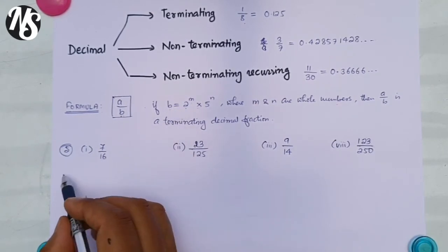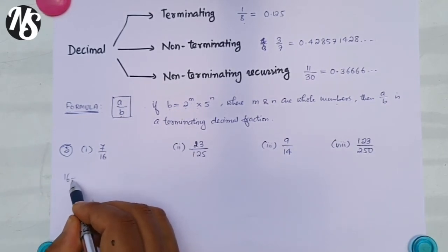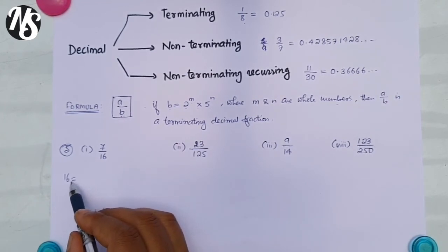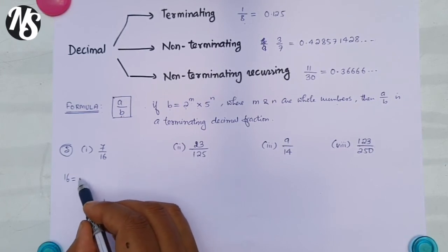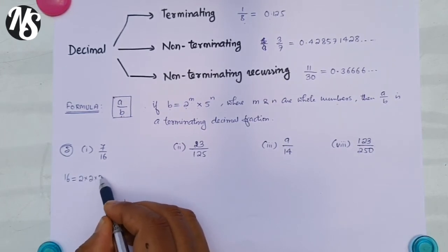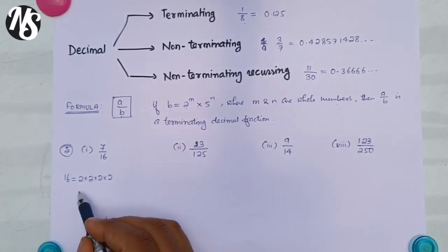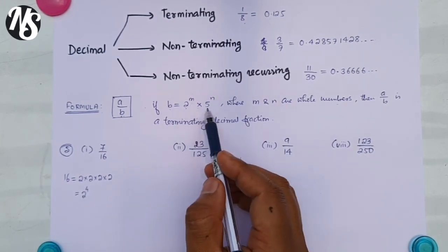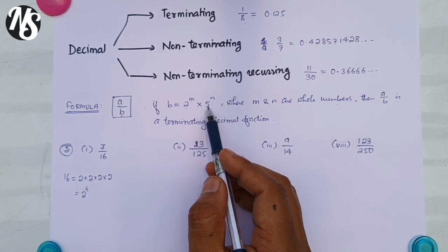So 16. First, what you need to do is factorize 16. When you factorize 16, you get 2 into 2 into 2 into 2, right? Can I write this as 2 to the power 4? Yes. Now where is 5? Is there any 5?